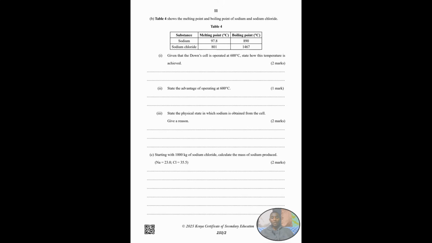That's the reason we have to add calcium chloride to lower the melting point, or these high temperatures, to around 600 degrees Celsius. So in this case, calcium chloride is added to lower the melting point from 801 degrees Celsius to 600 degrees Celsius.